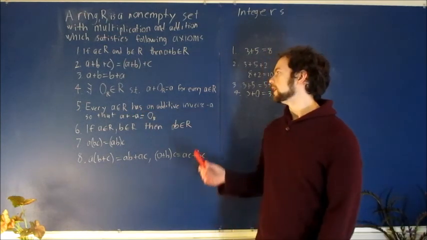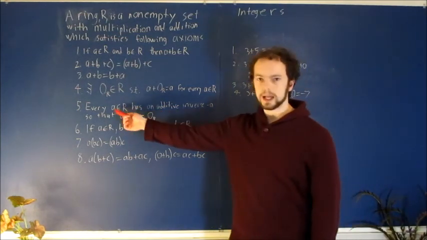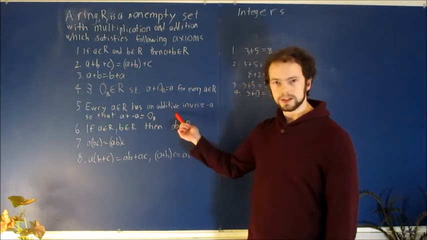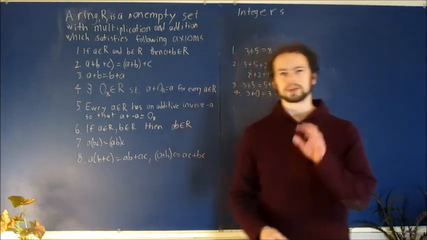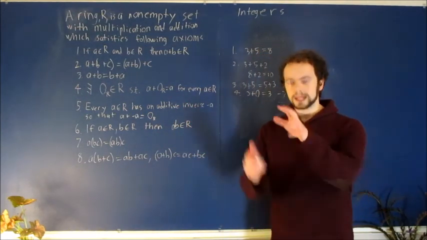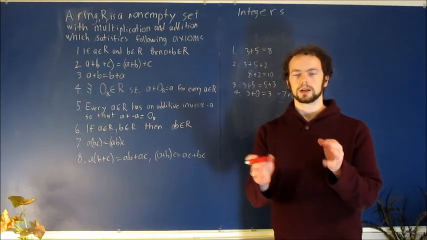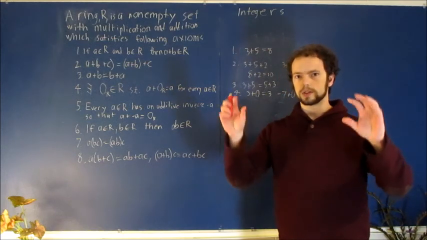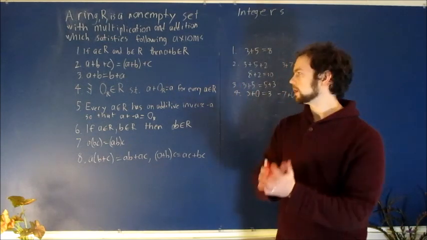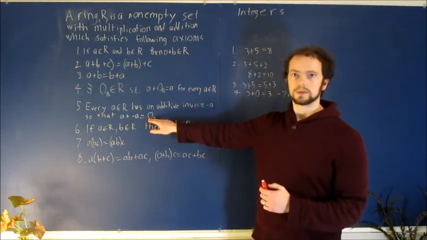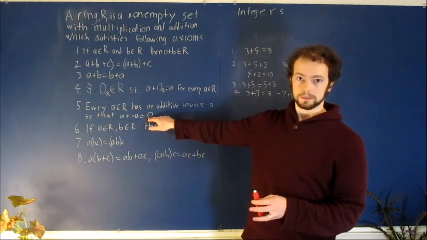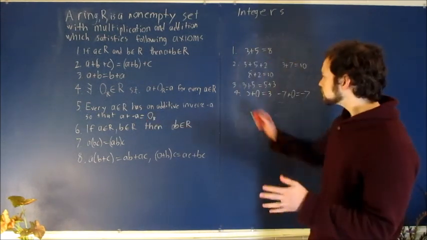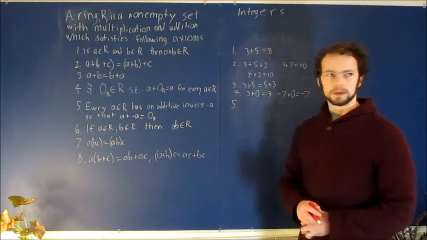Criterion 5 here says that every element in the ring has an additive inverse. Okay, what this means is pick any element in the ring, there must be another element in that ring such that if you add those two together, you get the additive identity. Okay, so for the integers, these are pretty straightforward.